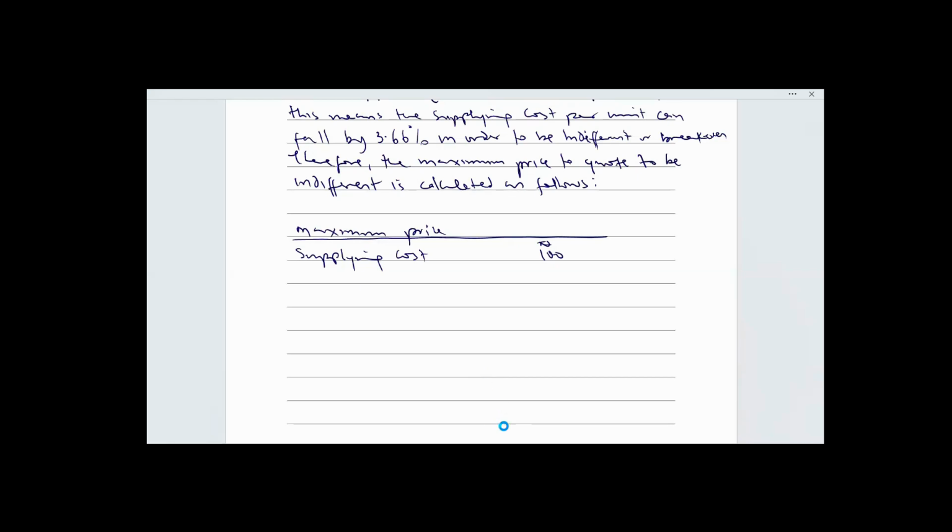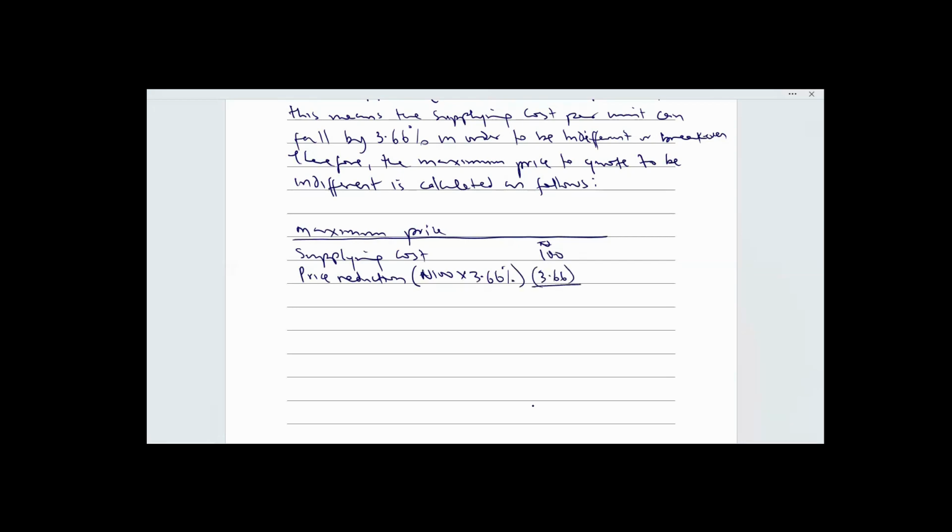Therefore, we are saying that this price can fall by 3.66% price reduction. So the price reduction is 100 naira multiplied by 3.66%. So this should give us 3.66 naira.